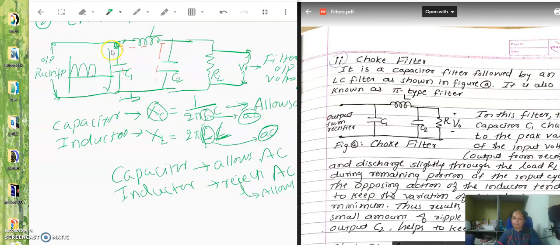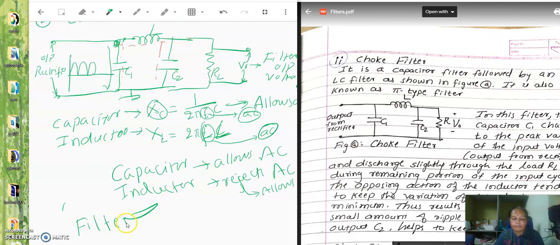Capacitors are going to pass the AC content at the output of the rectifier to ground, and inductor is going to pass only the DC at the output. So these two capacitors and one inductor together are going to perform the filtering more effectively.